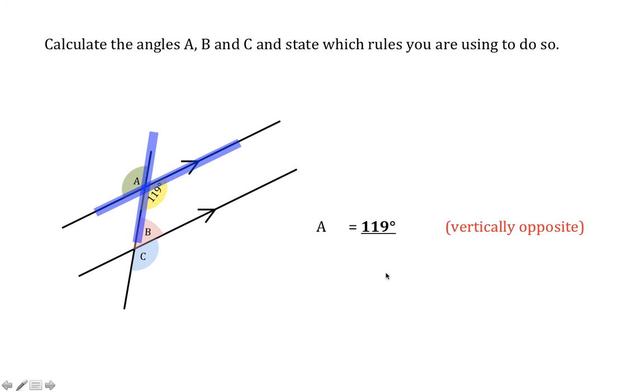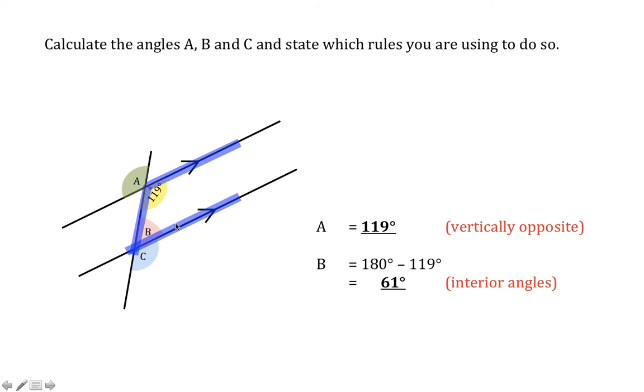The next one, B, so we had angles inside a kind of C shape, and the rule is that they add up to 180. So if one of them is 119, the other one must be 180 minus 119, 161. So that's called interior angles.